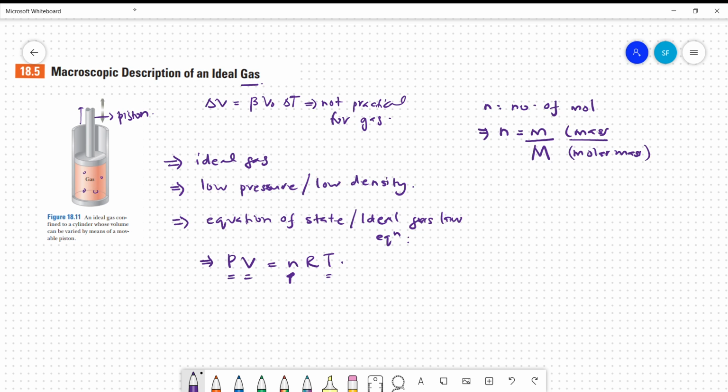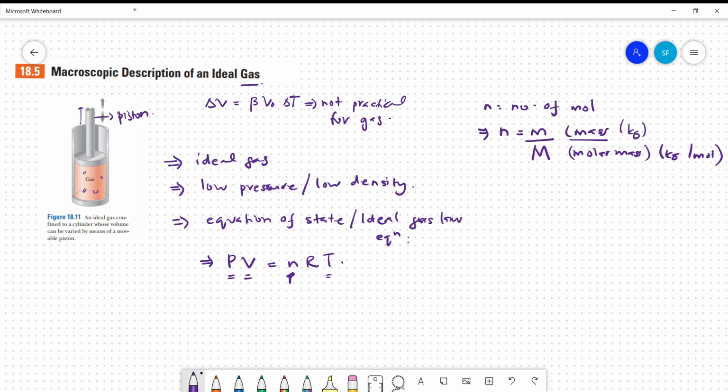In the periodic table, the molar mass is given in gram per mole. Meaning if you want to use this equation, you have to convert first to kilogram per mole, and the mass must be in kg.